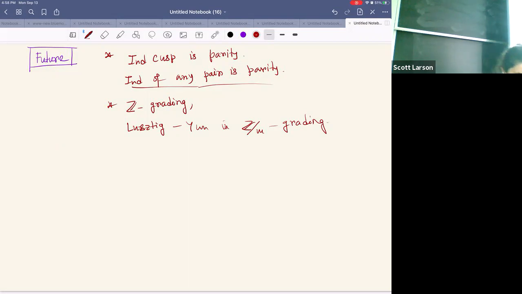They again worked in characteristic 0. So one direction can be extending that to positive characteristic.